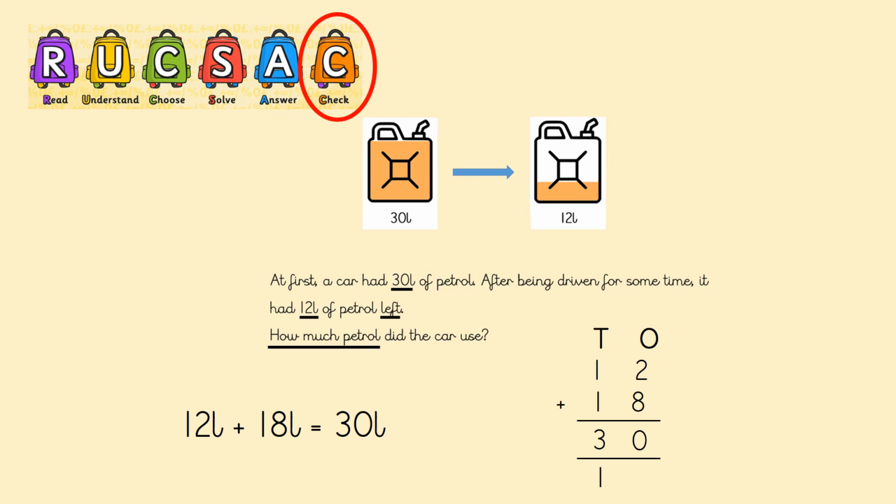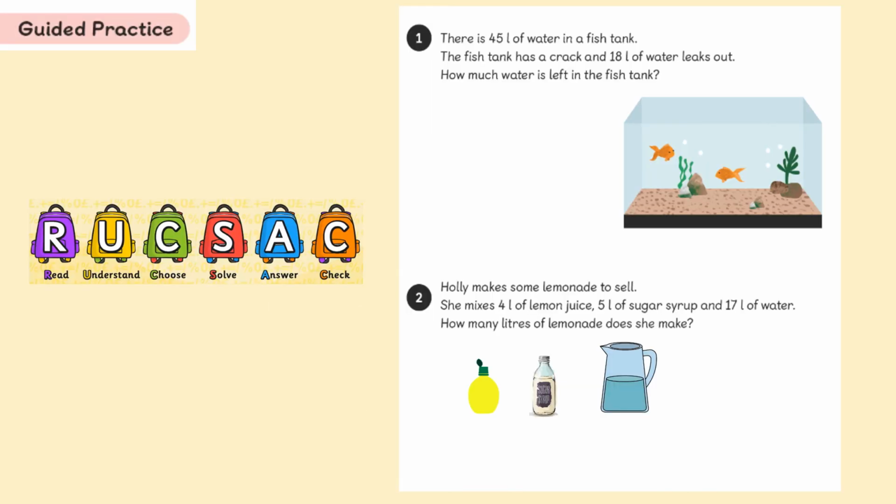So I'm going to write down 0 ones, and I'll bring a 10 over into my tens column. I'm going to rename it. So then I've got 1 ten plus 1 ten equals 2 tens, plus the renamed 10 that I brought over. So I've got 3 tens and 0 ones, that is 30. I got the answer correct.